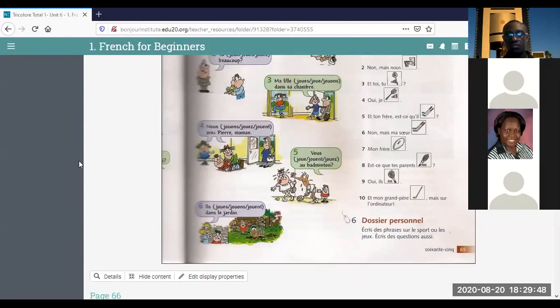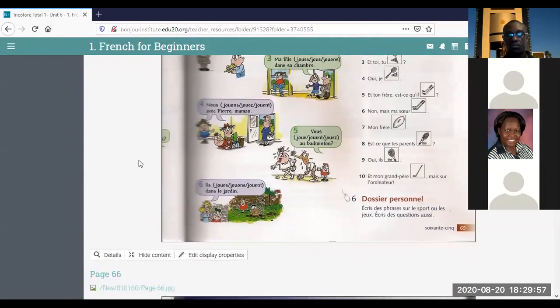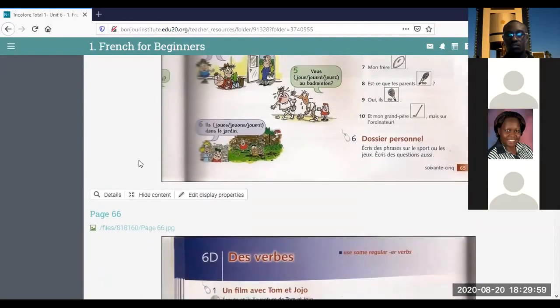So which joue? The last one. Très bien. And Wamboy, numéro 6. Il joue dans le jardin. Très bien. Which joue? The third one. Très bien. It is well done. Une question?